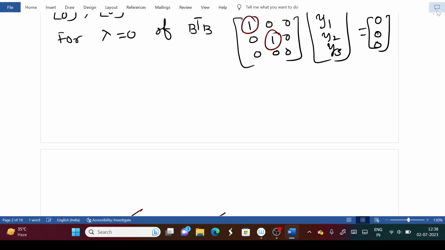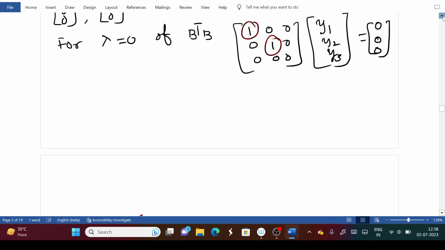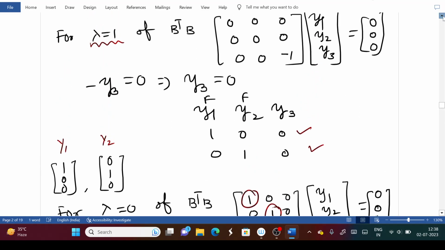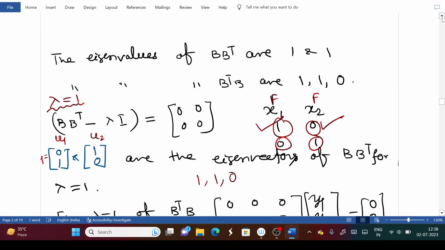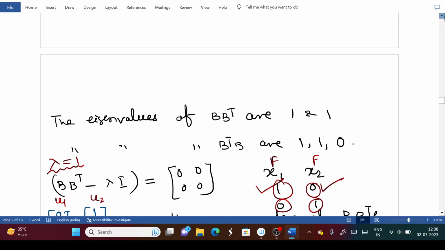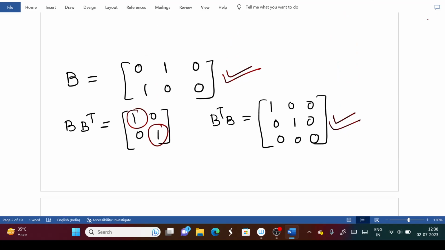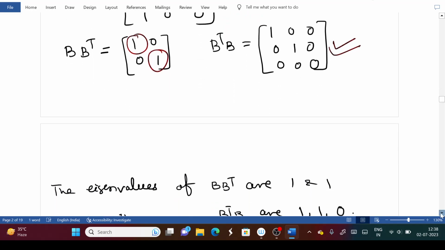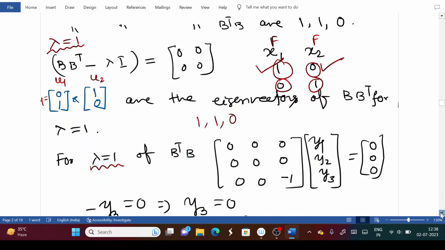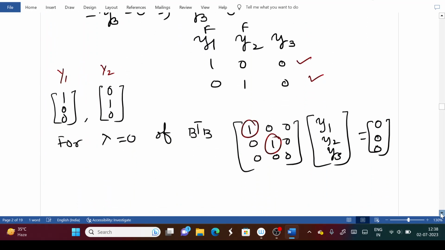Observe. What was the matrix written here? It is 0, 1, 0, 1, 0, 0. From the very beginning it is there. That means the central matrix, sigma matrix, rows must be interchanged.